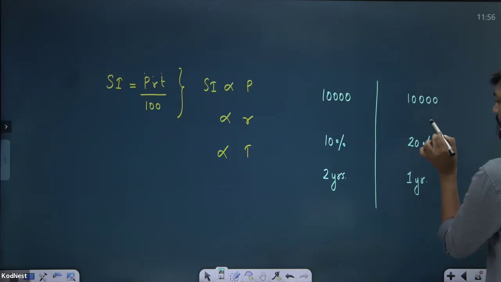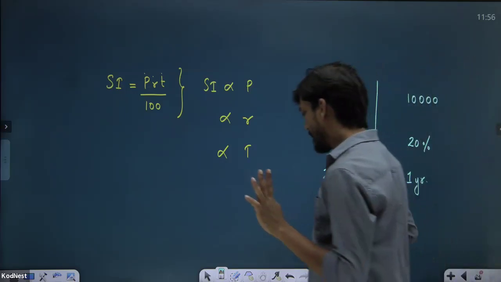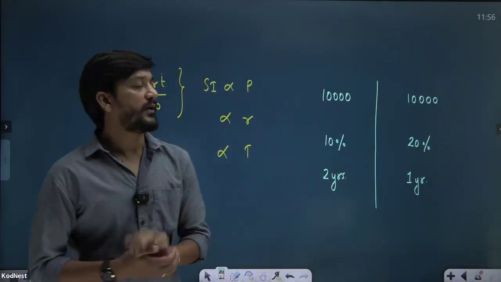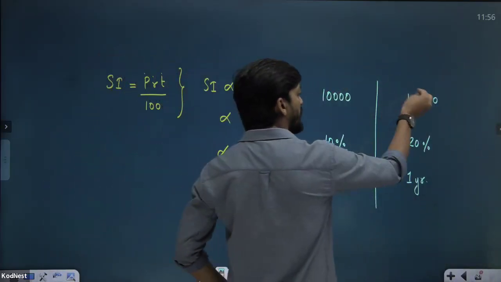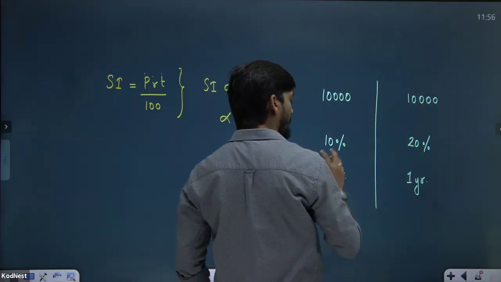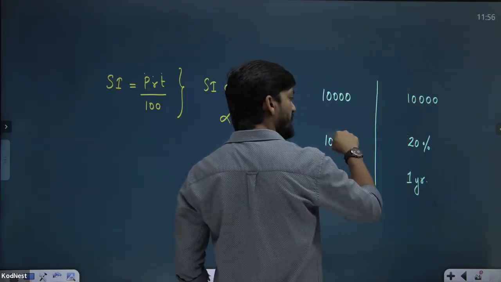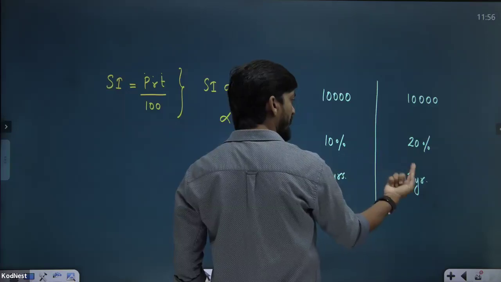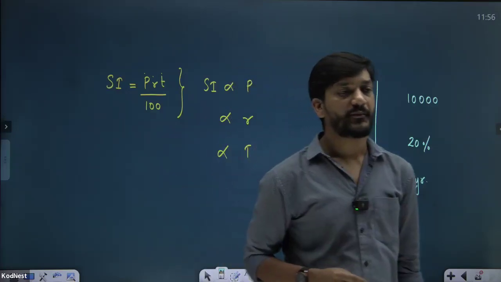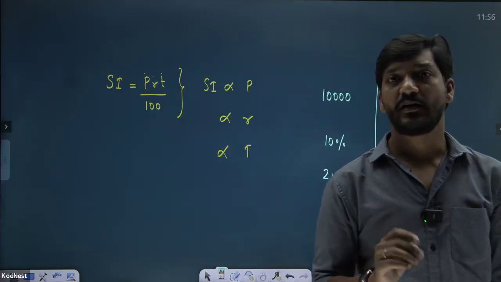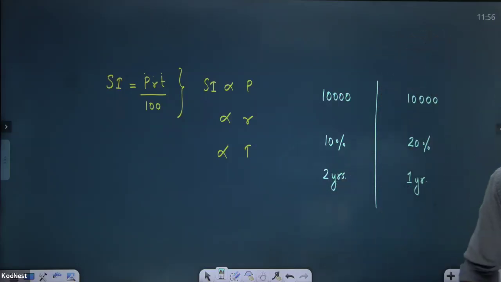He has deposited for 1 year. Carefully observe. I've taken the same deposit value. The percentage rate of interest is twice. Time is half. What do you think? Will they get the same interest? Please answer that. Yes or no?